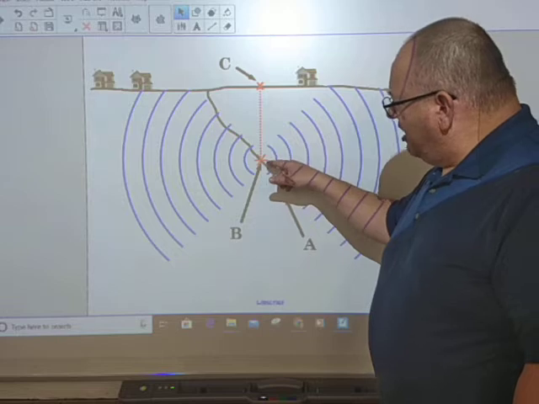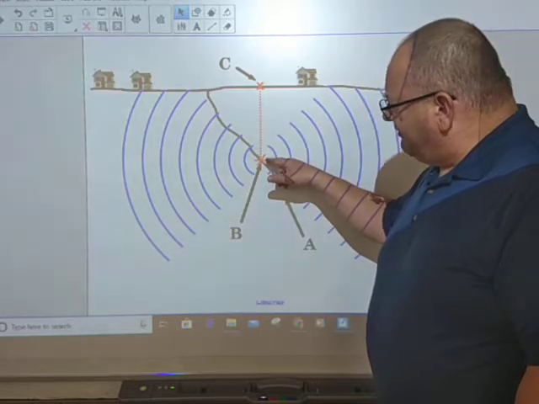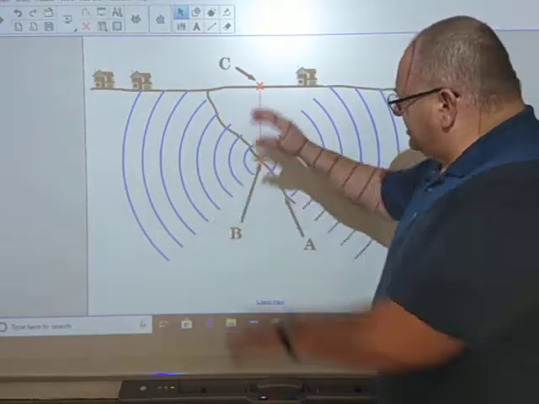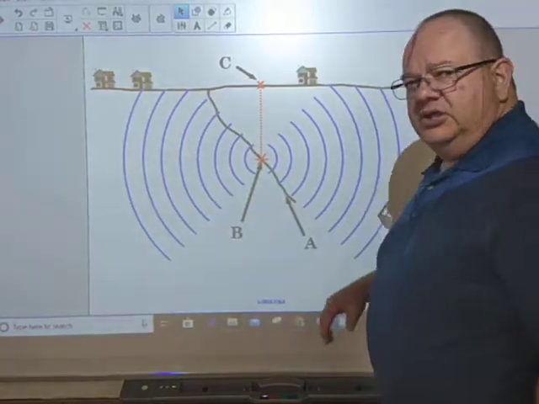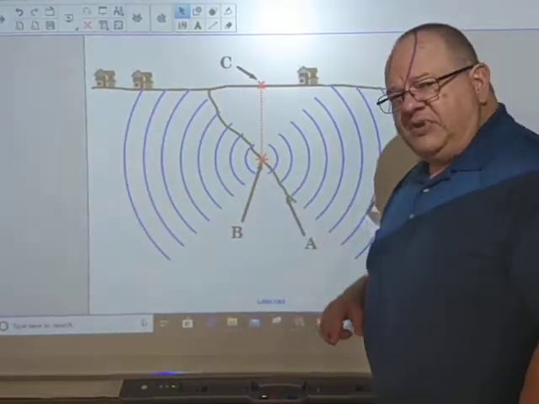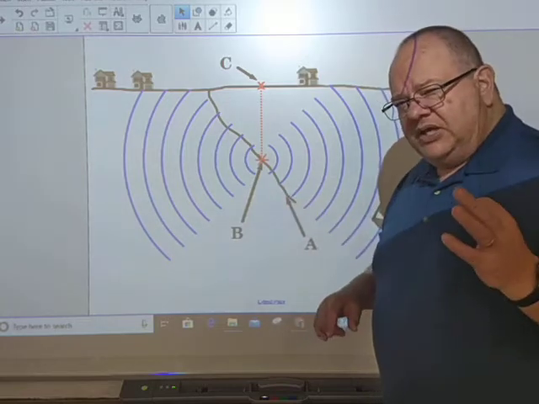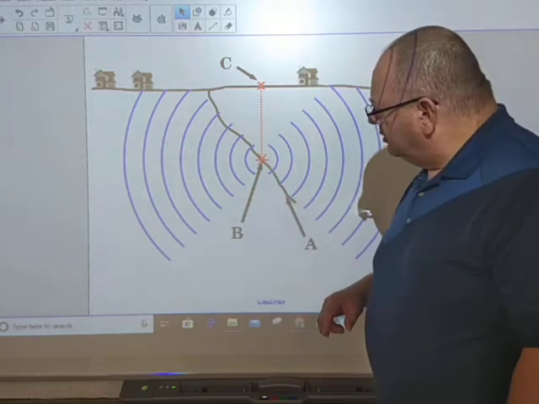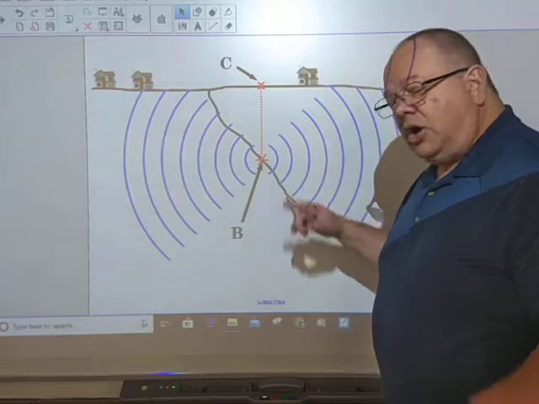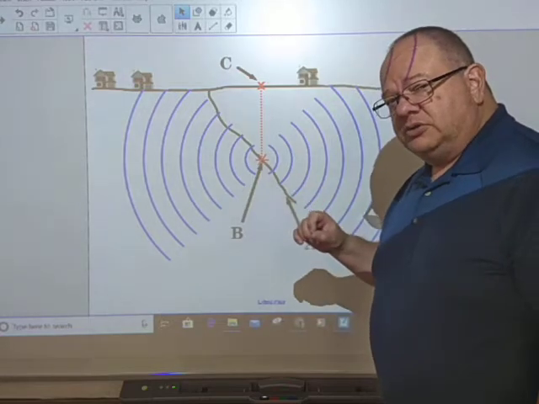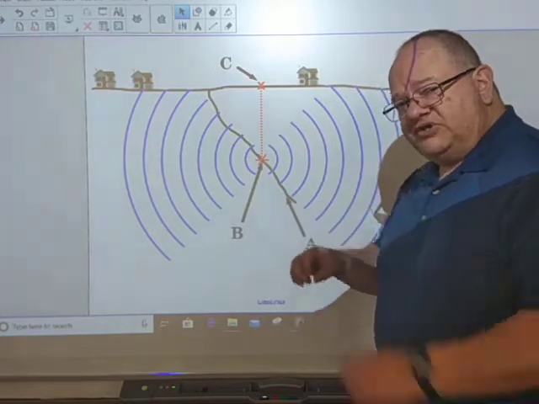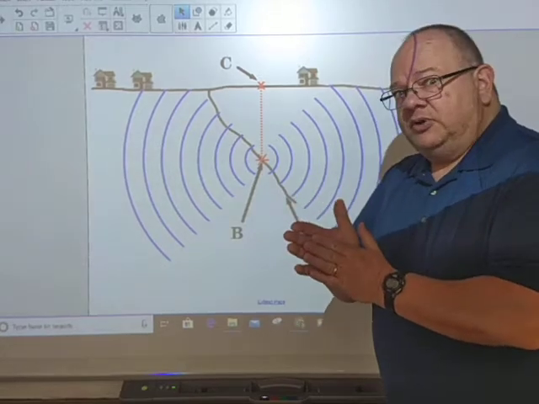Okay? Now, I'm indicating that something happened right there and it sent out this energy at point B. And you should be thinking about, what do we call point B? I hope you came up with the word focus. B is the focus. That's where the actual slip took place.